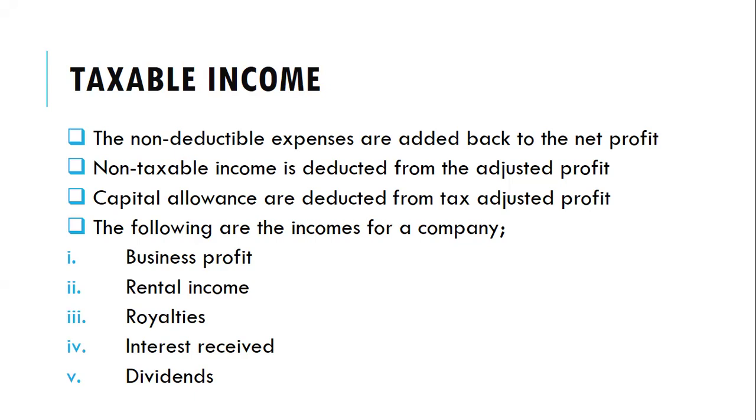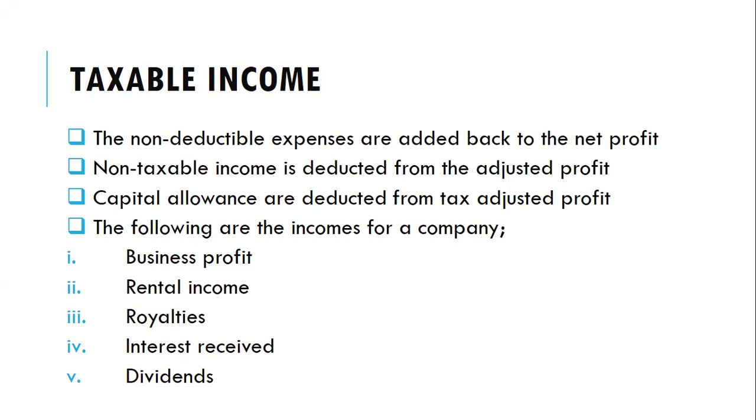Did I say that? Oh, non-taxable income is actually deducted from the adjusted profit. So from profit, non-deductible expenses are added back, then non-taxable incomes are deducted, then capital allowances are also deducted from the tax adjusted profit.